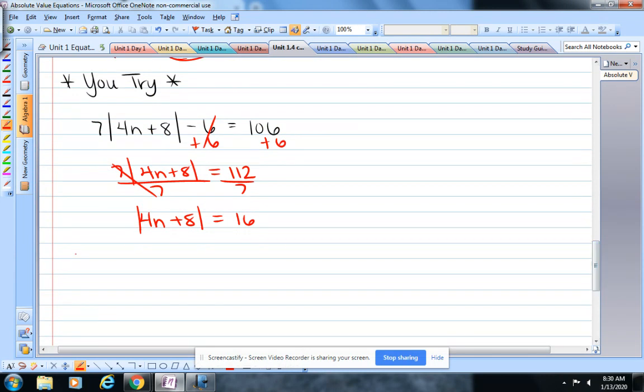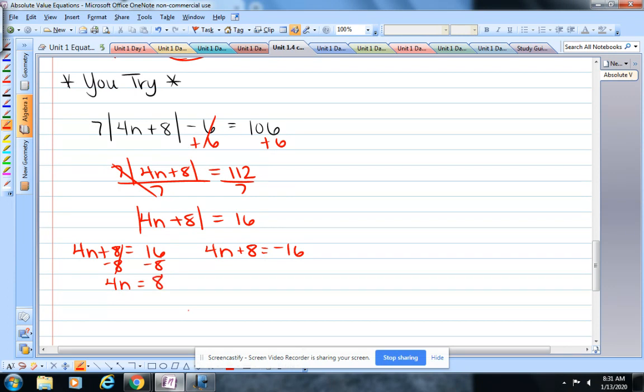Make 2 equations. So one equation says what? And the other one says? How do I solve for n? Subtract 8. If you don't write your steps on your paper, sometimes we don't know what our steps were. And what is 16 minus 8?